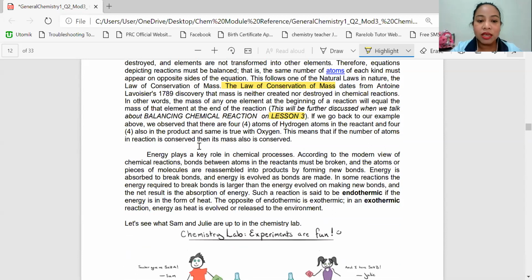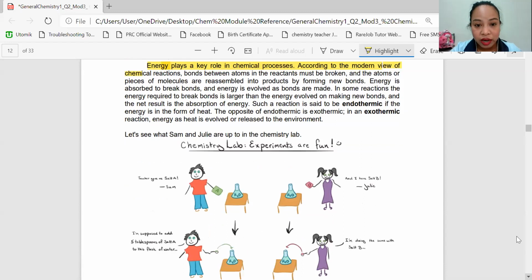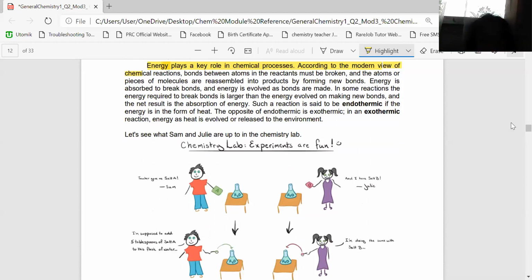Energy also plays a key role in chemical process. A chemical reaction cannot occur without the energy. Energy is the most important part. We call it the activation energy. For a chemical reaction to occur, it must reach its activation energy.